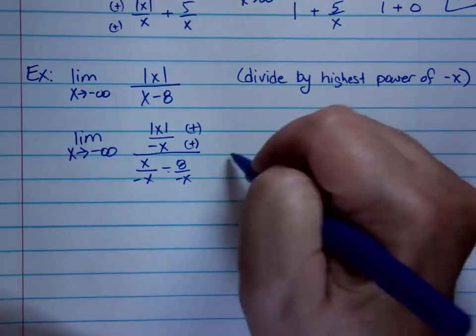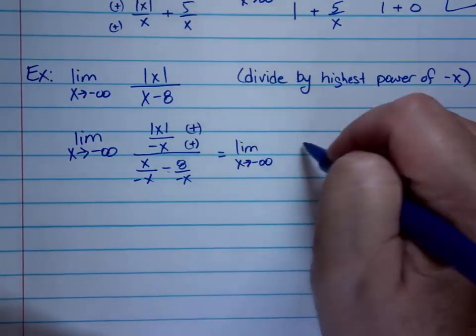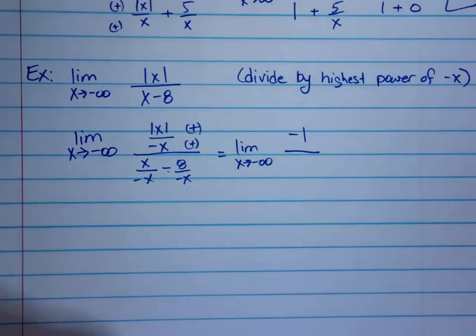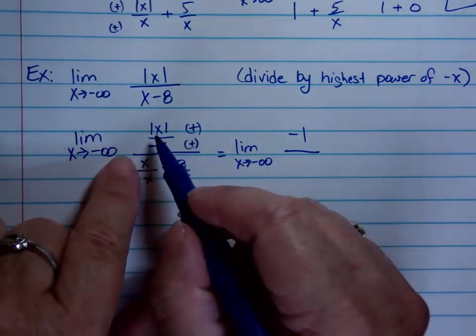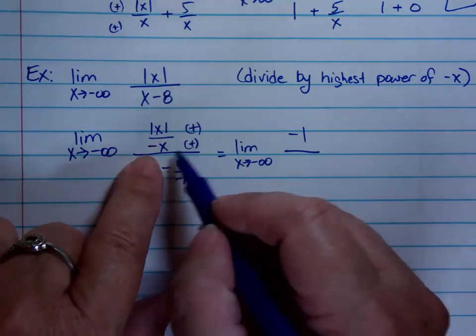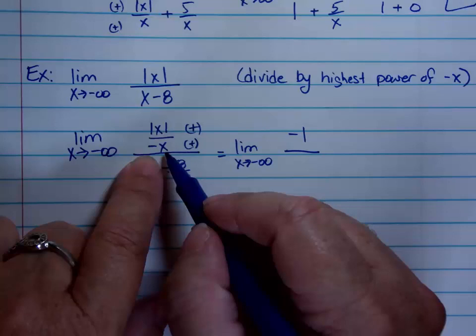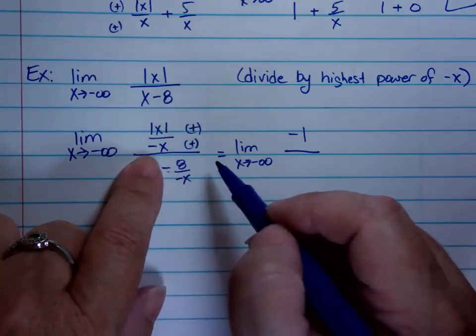So that means that this limit as x approaches negative infinity will be negative 1 on top. Do I need to say that again? Okay. When I plug negative 1 billion into the top, that's positive. When I plug negative 1 billion into the bottom, it's negative 1 billion, which is positive.